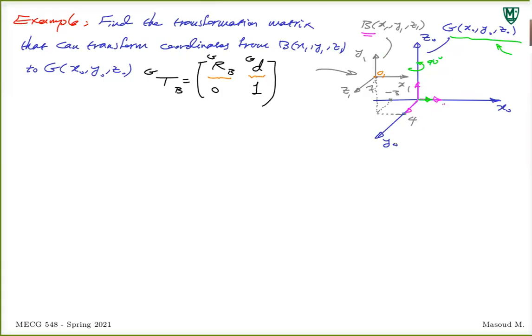Maybe I should keep it here. I'm confusing myself. So x1, y1, z1. We'll see how crowded it gets. If I rotate this 90 degrees about z naught, y1 comes here, x1 goes there, and z1 stays where it is.